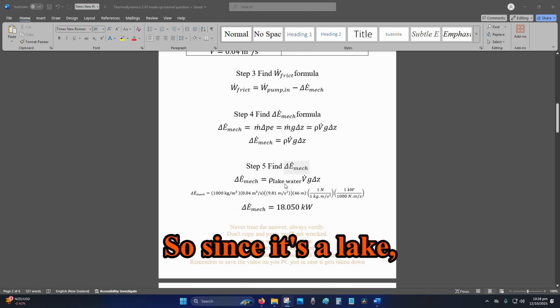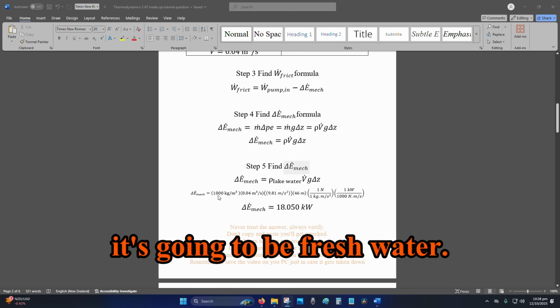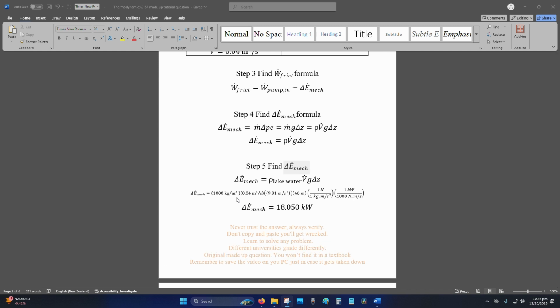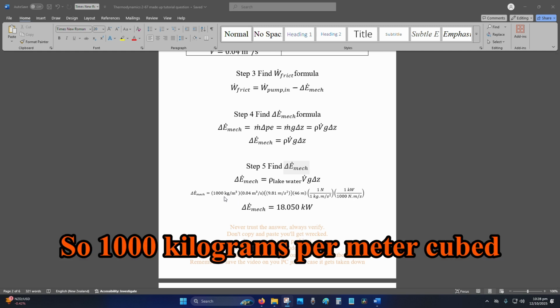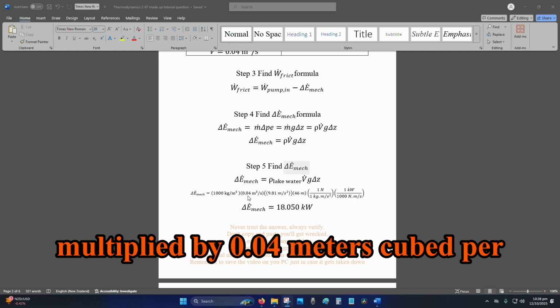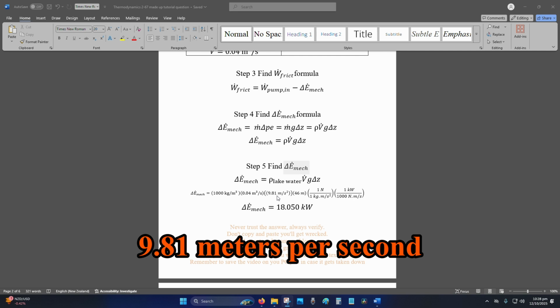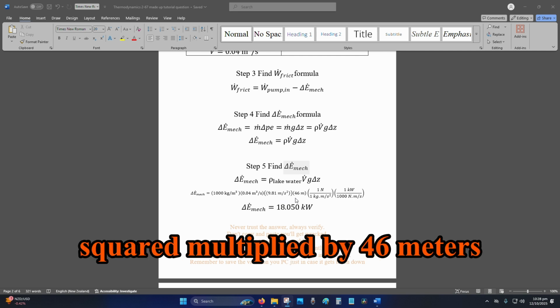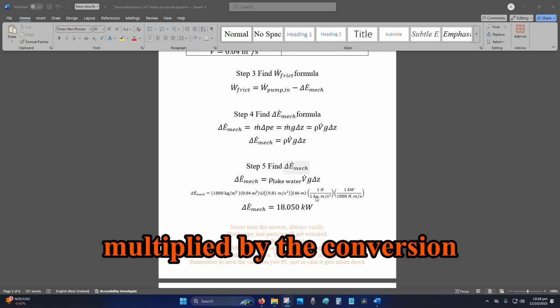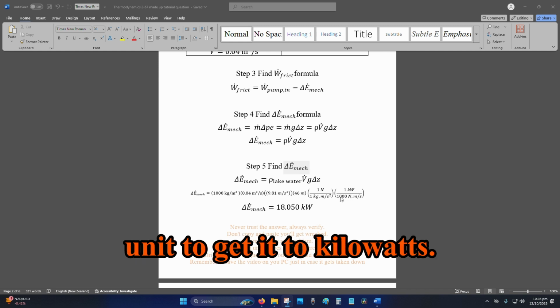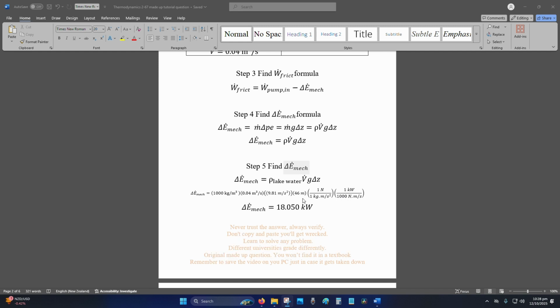Since it's a lake, it's going to be fresh water. So 1000 kilograms per meter cubed multiplied by 0.04 meters cubed per second multiplied by 9.81 meters per second squared multiplied by 46 meters multiplied by the conversion unit to get it to kilowatts.